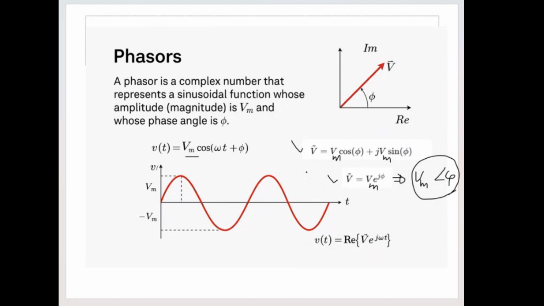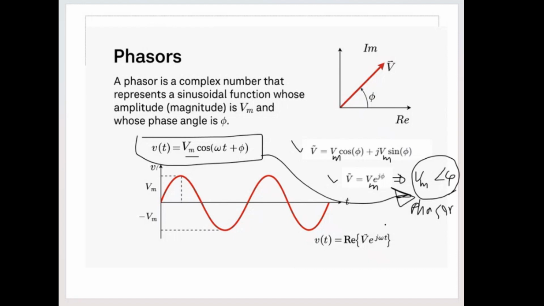So we now know how we get the phasor. If you have the time domain function, this is going to be your phasor.